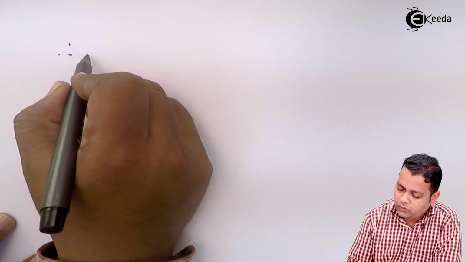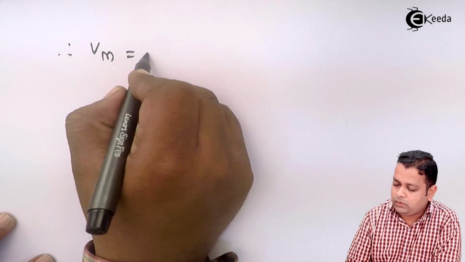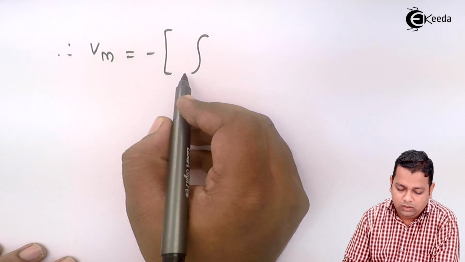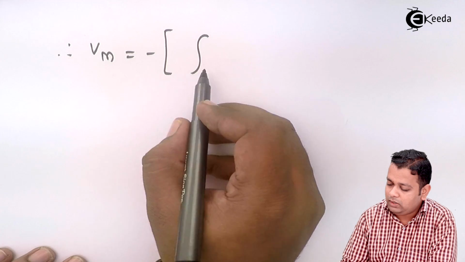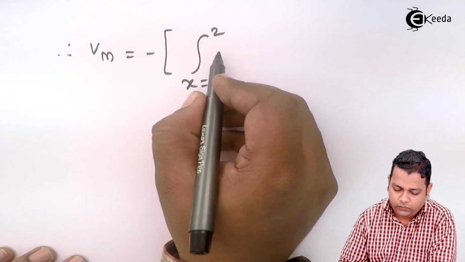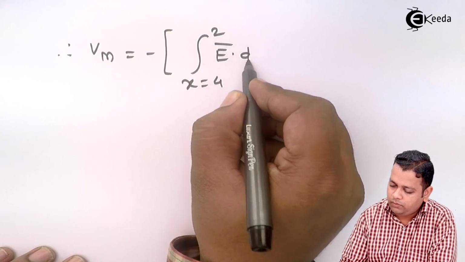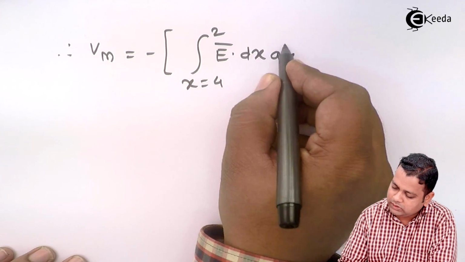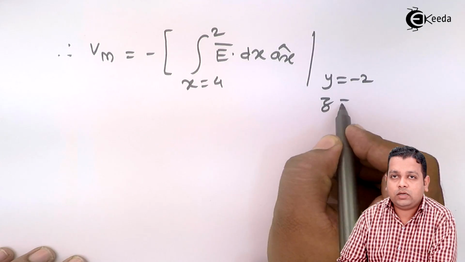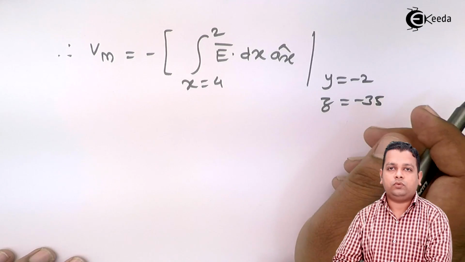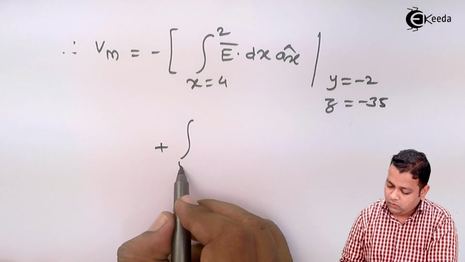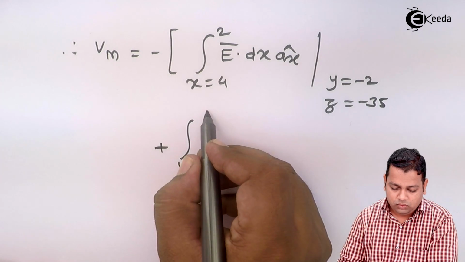Hence we get V_M. So V_M will be equal to minus, in bracket we have integral. Now we have the change along x, that is why integral x is equal to 4 to 2 E dot dx a_x, provided that y is equal to -2 and z is equal to -35. Now the second term will be plus integral y is equal to -2 to 6.